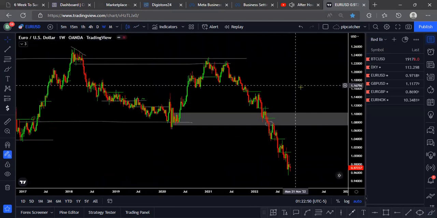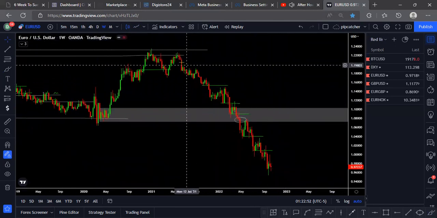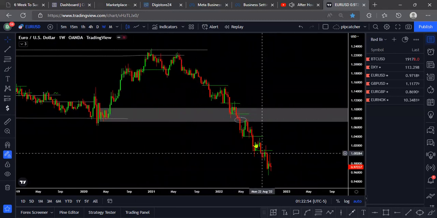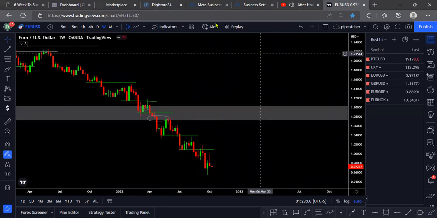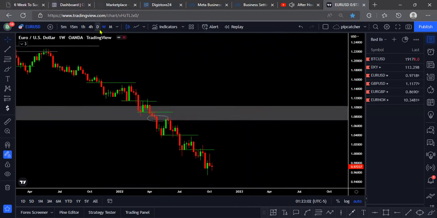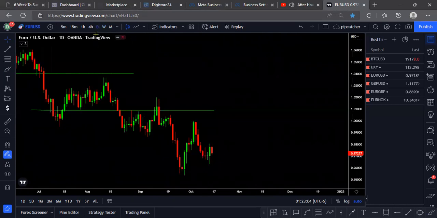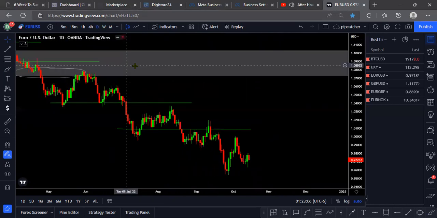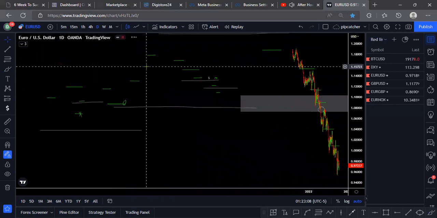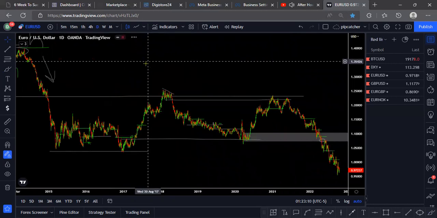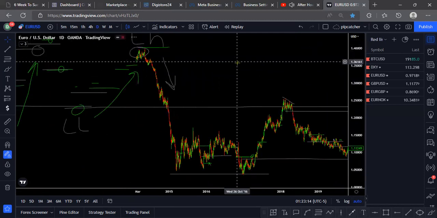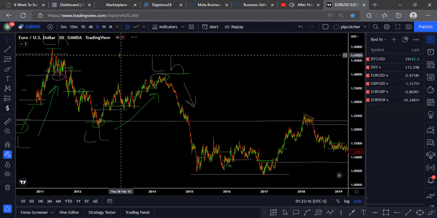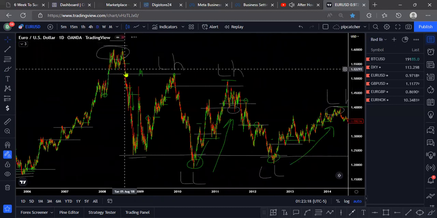So that's pretty much it for the weekly. You guys can see so far Euro USD has been super bearish. Let's hop down to the daily time frame now, and let's go back all the way again.